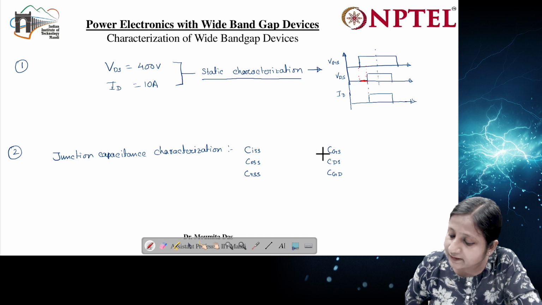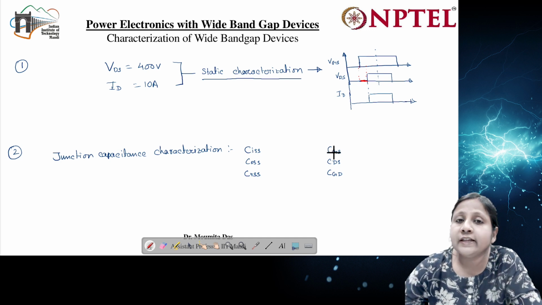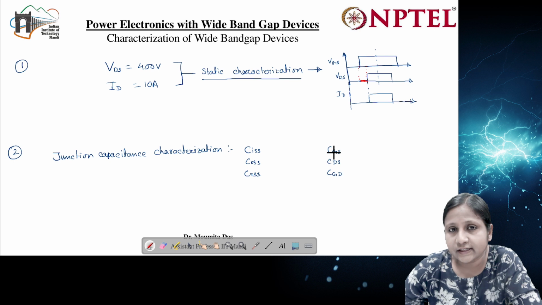Now these capacitances are not linear, they are non-linear in nature, and different parameters of the converter can affect the value of these capacitances. Different parameters can be, let's say, the voltage rating of the device. Some converters we might be operating at 100 volts, some at 400, some at 1000 volts. The variation in the voltages can cause a different value of the capacitance.